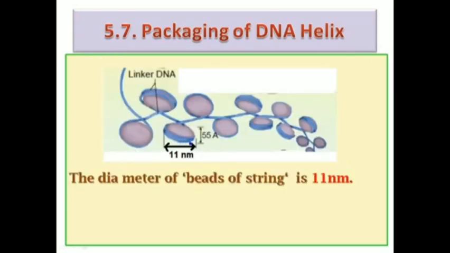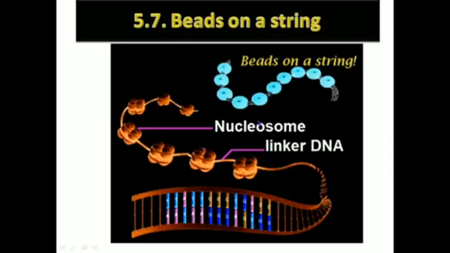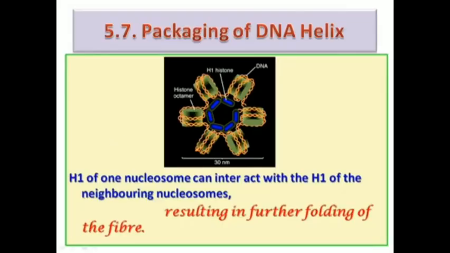The diameter of the beads on a string is 11 nanometers. In this structure, DNA enters and leaves the nucleosome at random places. So this DNA enters and leaves. So, beads on a strand of nucleosomes. Here, the linker DNA attaches each nucleosome, and you can see it in this picture.